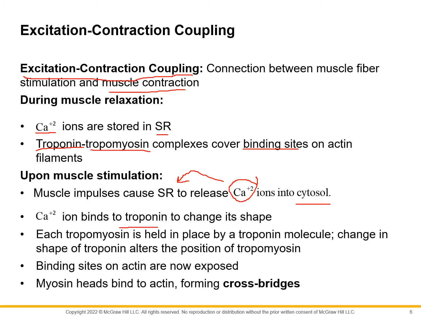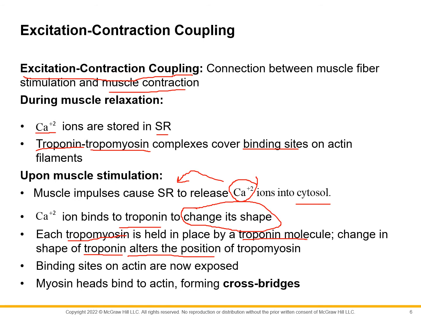They will bind to troponin, and troponin changes its shape. At that point, tropomyosin, which is held in place by the troponin molecule, is repositioned. It alters its position because of the change in shape of troponin.